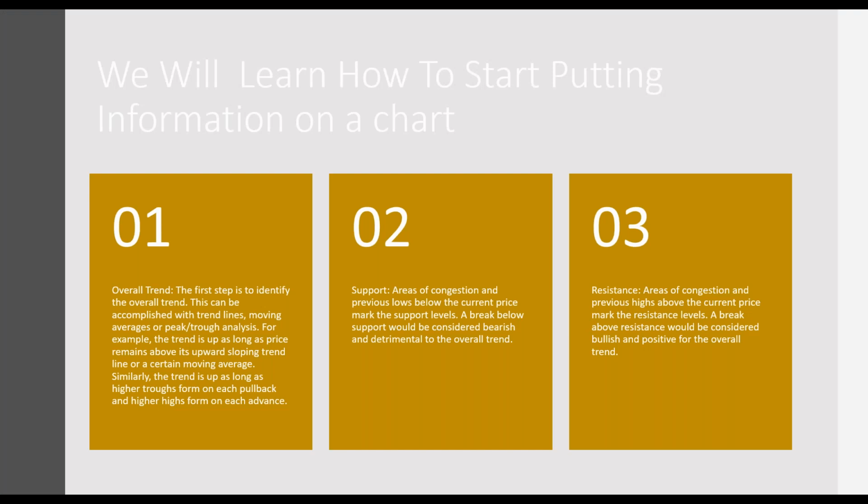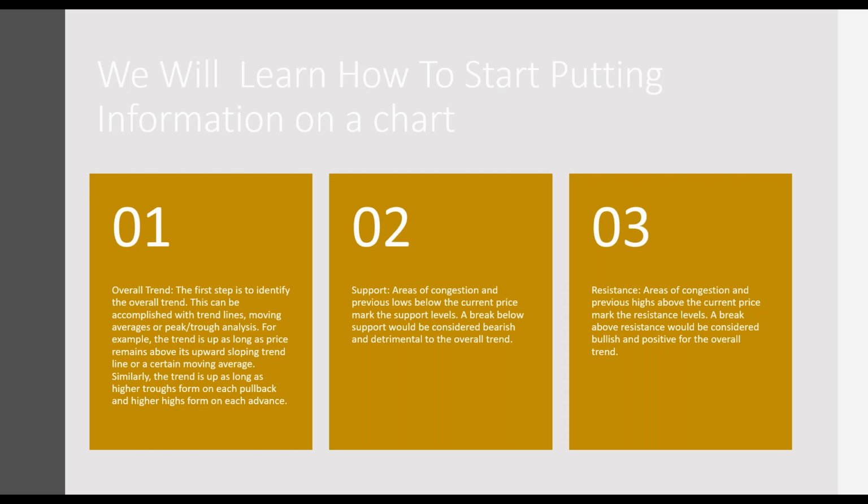So we want to learn what information we can put on a chart. So overall, we want to identify the trend. The first step is identify the overall trend. This can be accomplished with trend lines, moving averages, and peaks and trough analysis. For example, the trend is up as long as the price remains above its upward sloping trend line. Support areas.